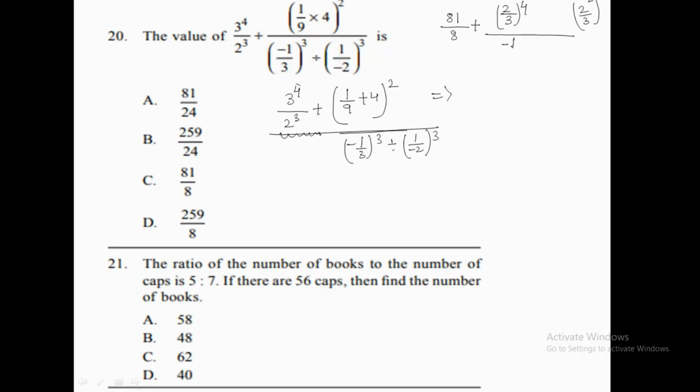So we can divide the bases and write the power as the same. So we will get minus 1 by 3 multiplied by minus 2 by 1 and whole raised to the power 3. So we are getting minus 2 by 3 whole raised to the power 3.